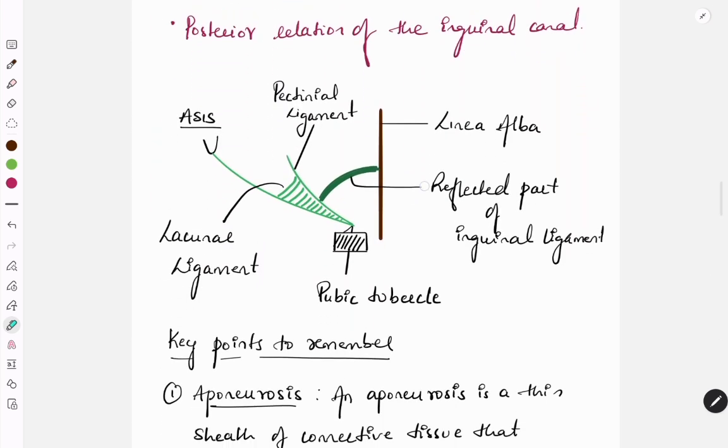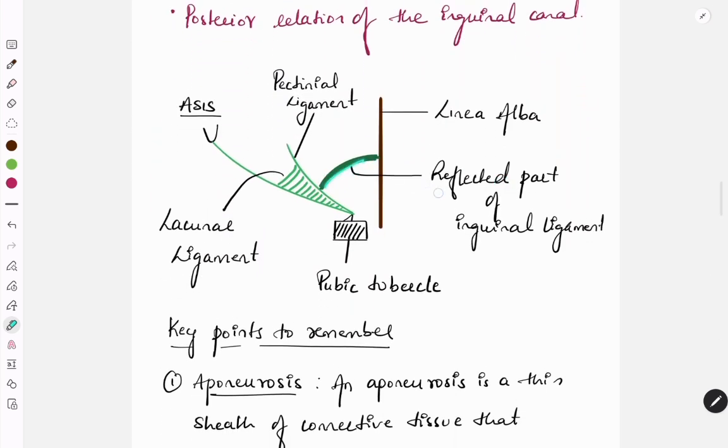So that is the pectineal ligament. This is the reflected part of the inguinal ligament. Can you all tell me what boundary it forms? In the posterior boundary, it forms the medial-most part of the inguinal canal. That is the reflected part of the inguinal ligament, and between these two, this part is your lacunar ligament.